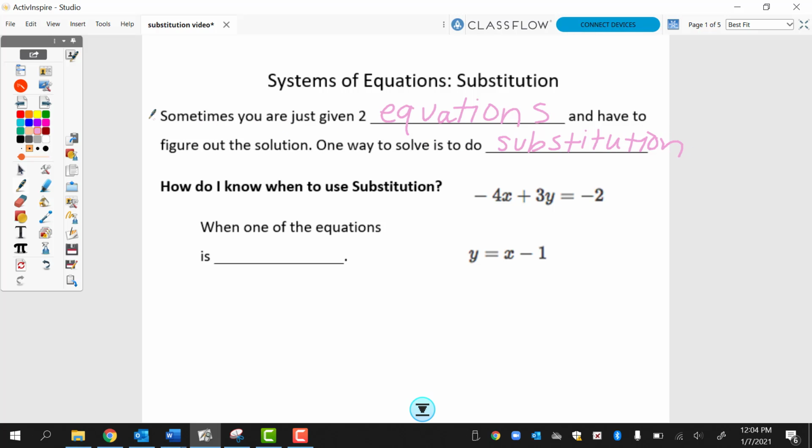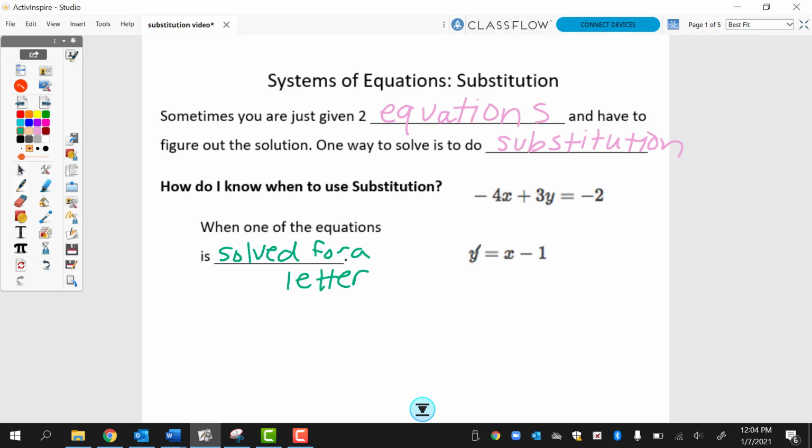So how do I know when is a good time to use substitution? Well, when one of the equations is solved for a letter. I have my two equations right there. This equation, obviously, is not solved for x and it's not solved for y, because it doesn't say x equals stuff and it doesn't say y equals stuff.